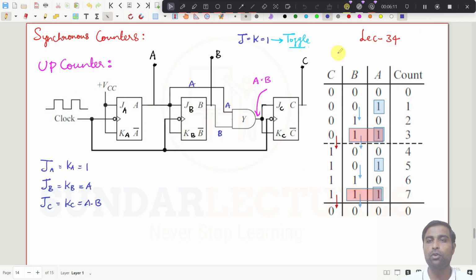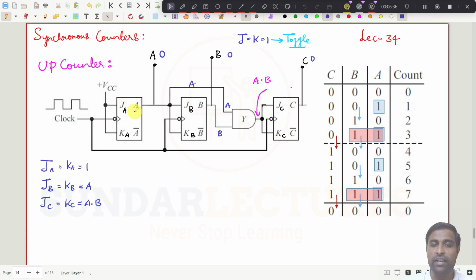Let us assume that the outputs are 0 initially, so it is 0, 0, 0. Now what happens if I give 1 clock pulse? What happens to the output of A?